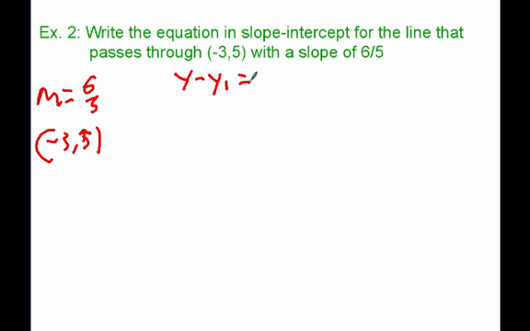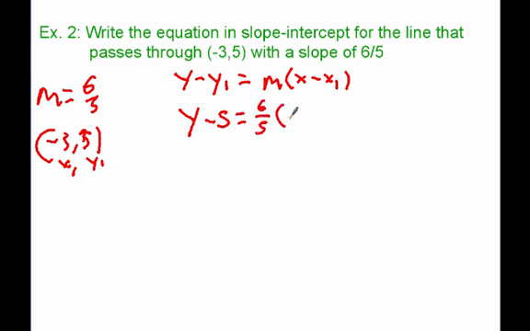y minus y1 equals m times x minus x1. We know this is x1, we know this is y1, we know this is m, and we just plug this information in. y minus 5 equals 6/5 times x minus -3.